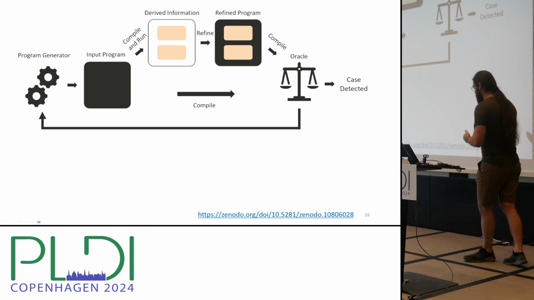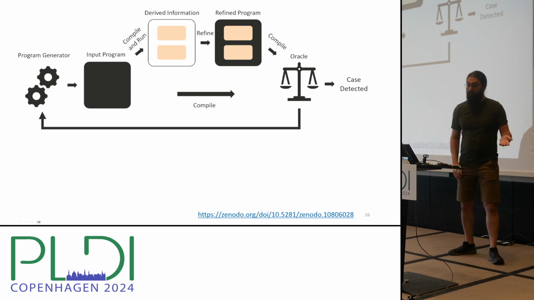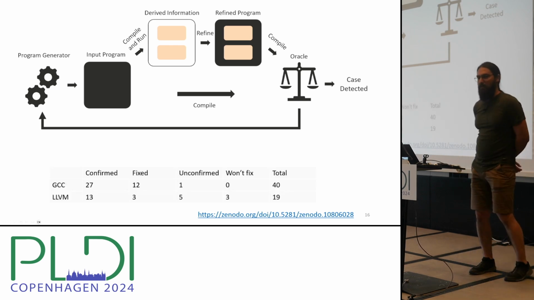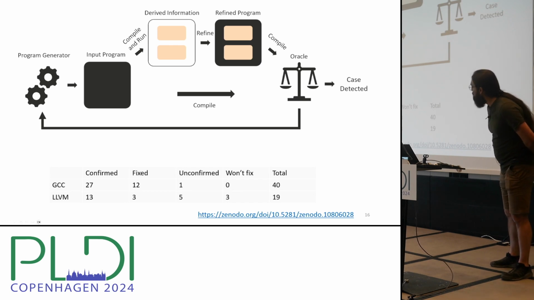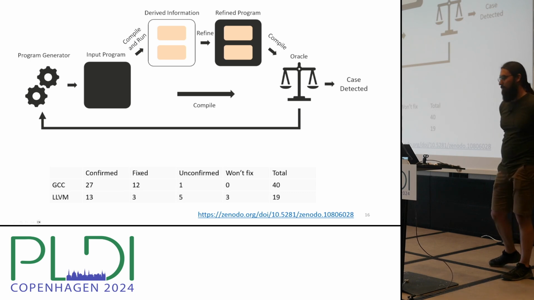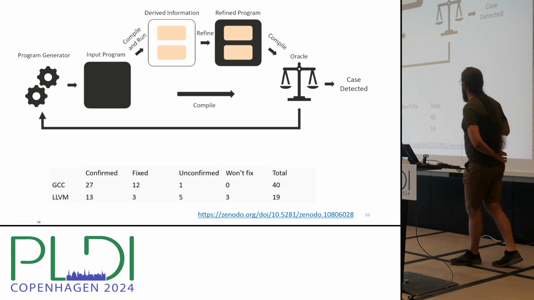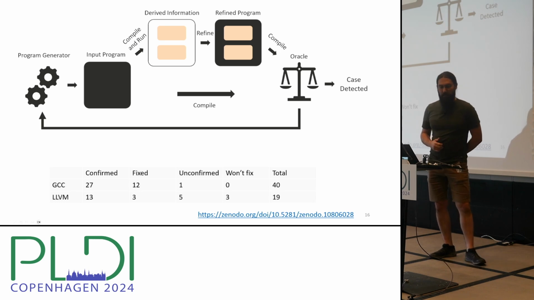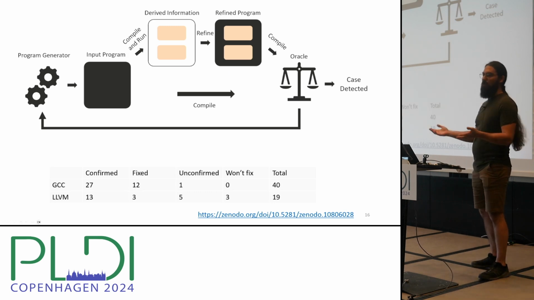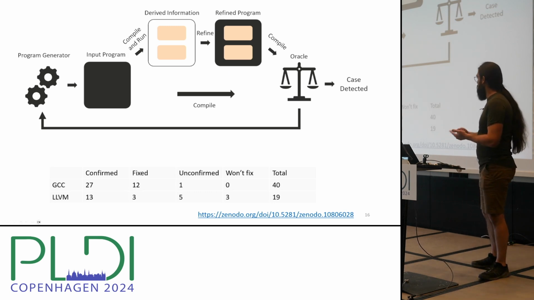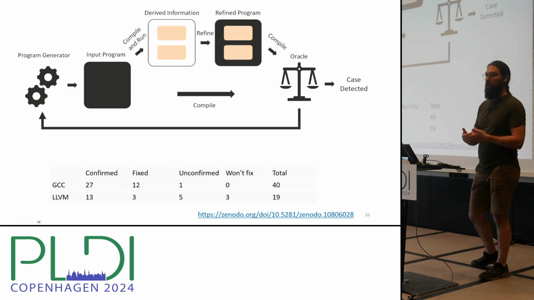We used this pipeline to identify and report a number of such cases, such as the one that I showed, for both GCC and LLVM, around 16 in total, most of which have been either confirmed or fixed. Some of these are related to buggy implementations where some analysis or transformation wasn't properly implemented.